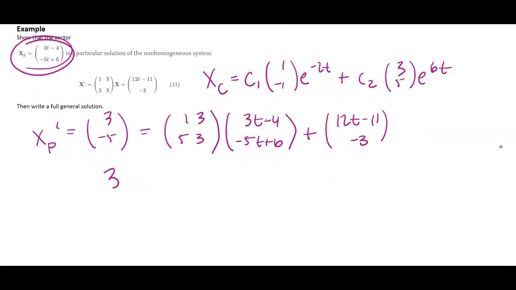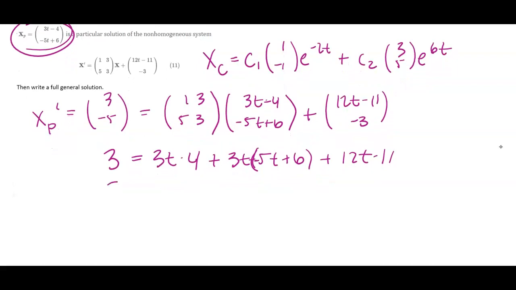Well, let's see, is 3 equal to 1 times this plus 3 times that second piece plus 12 here? So is 3 equal to 3t minus 4, minus 15t, 3 times this, minus 15t plus 18 plus 12t minus 11?